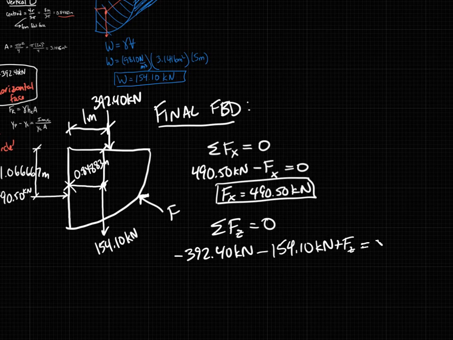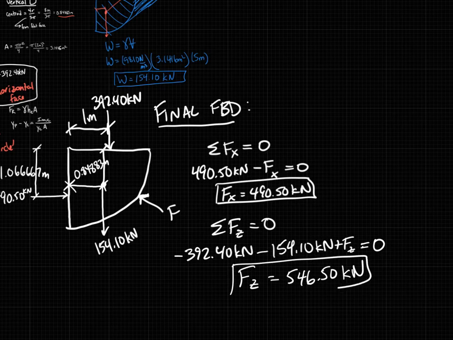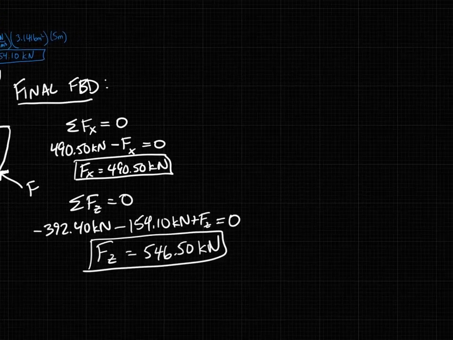Sorry, the program is going wonky. Don't go wonky on me. It's too late in the lesson to have these screw-ups. All right. So F of Z then equals 546.50 kilonewtons as well. Sweet. And we'll do the part that you know and love right here.